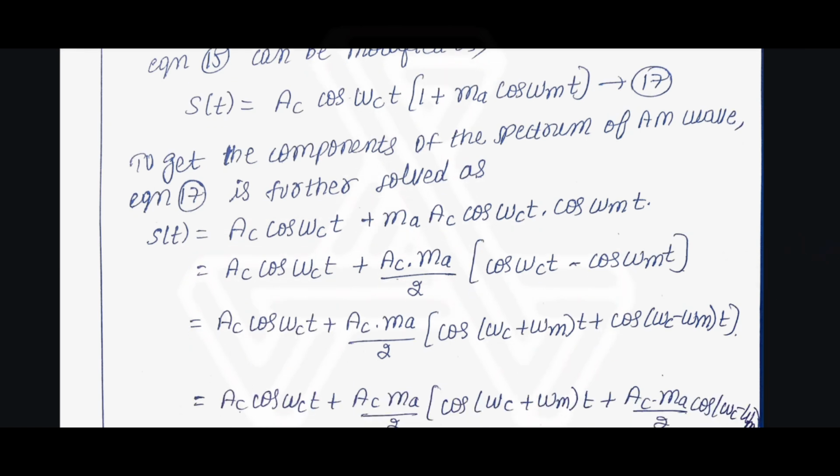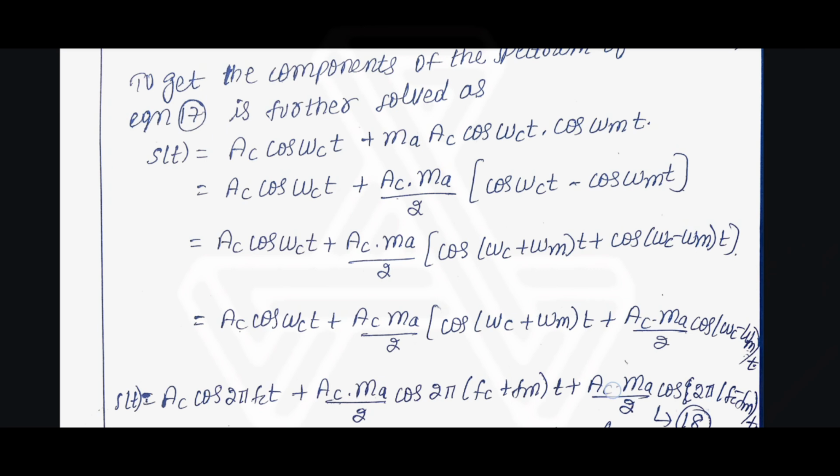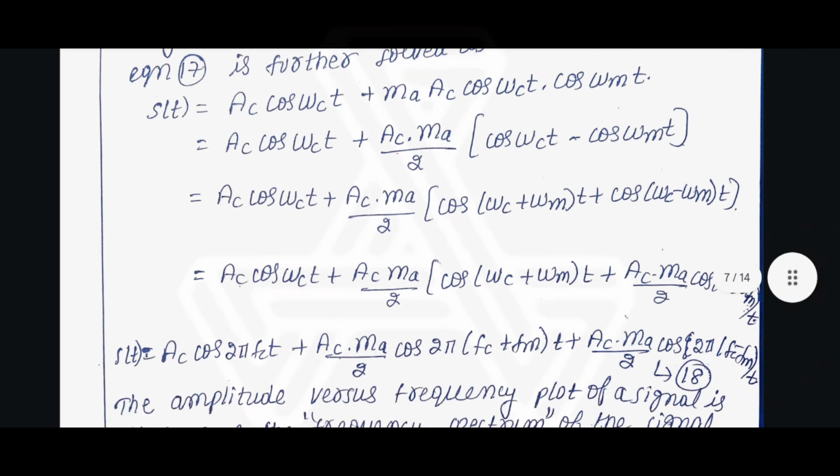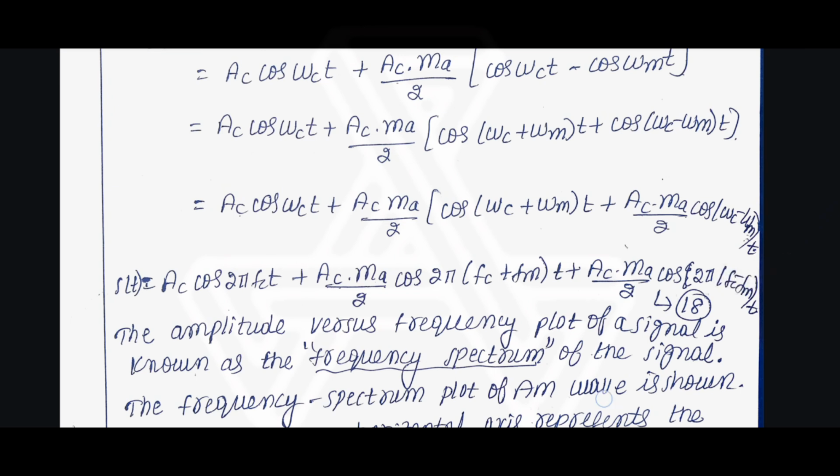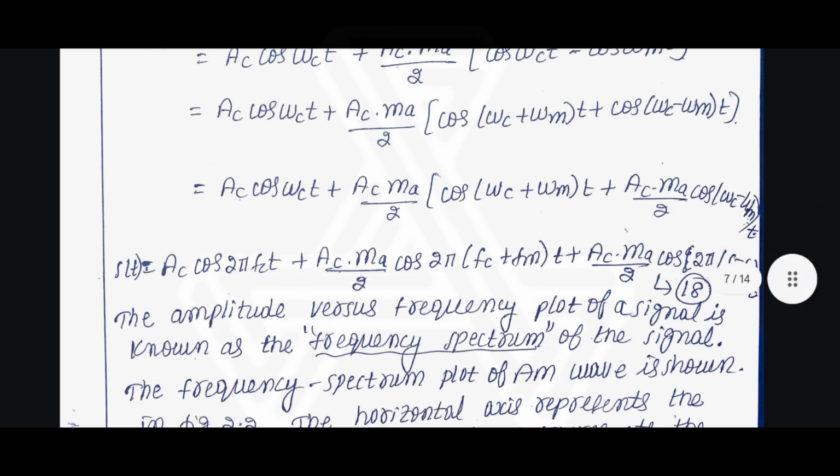To get the components of the spectrum of the AM wave, equation 17 is further solved as s of t is equal to Ac cos omega ct plus Ma Ac cos omega ct into cos omega mt. That is Ac cos omega ct plus Ac into Ma by 2 times cos A minus cos B terms, which can be written as Ac cos omega ct plus Ac Ma by 2 cos (omega c plus omega m) t plus Ac Ma by 2 cos (omega c minus omega m) t.